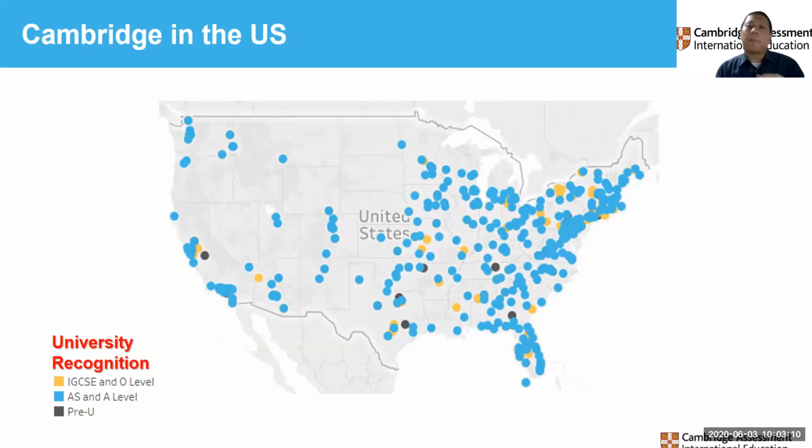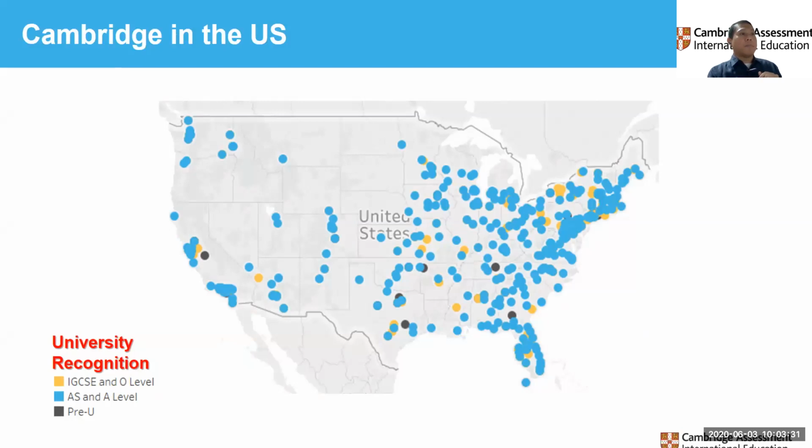I want to start by highlighting the Cambridge qualifications recognition situation in the US. We have a strong recognition landscape. Over 700 institutions in the US submitted their recognition for Cambridge qualifications.